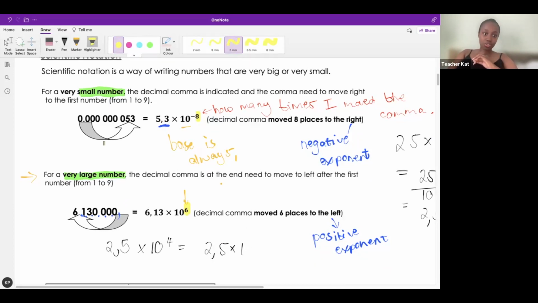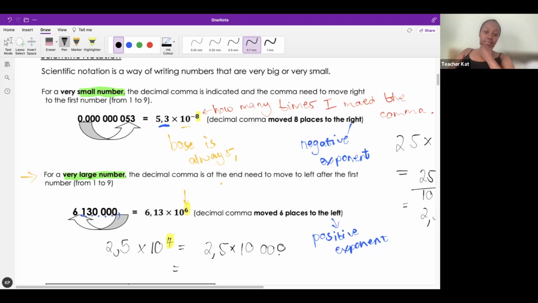That exponent tells you how many zeros. 4 zeros, right? Which is 10,000, right?